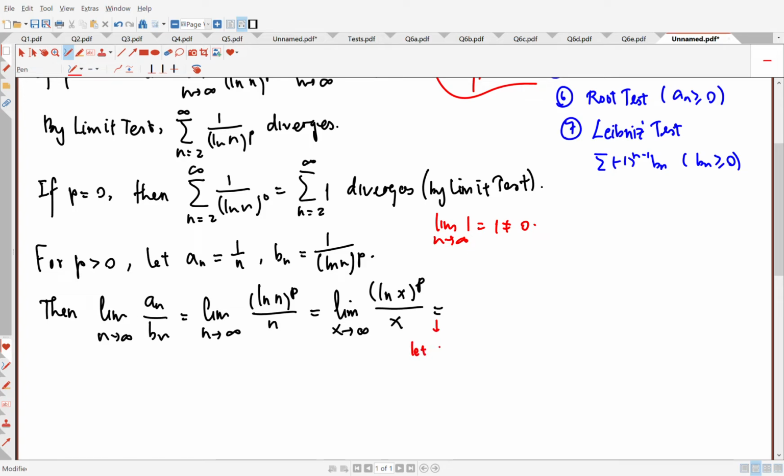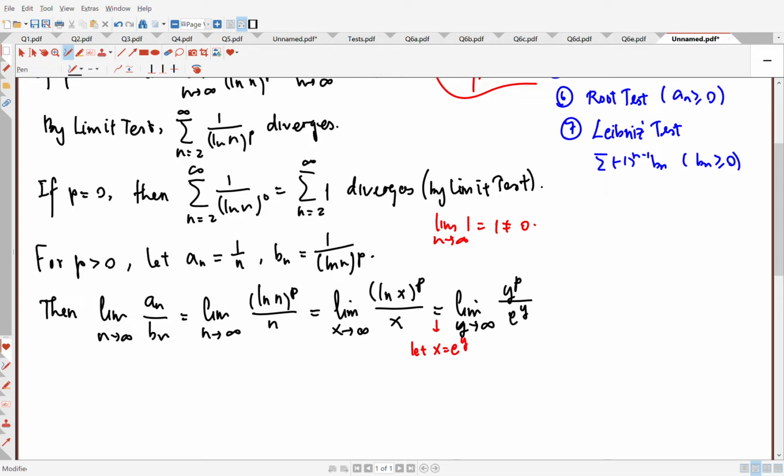So I let x to be e to the power of y. Okay. To make it easier to do L'Hospital's rule. So as x tends to infinity, y will tend to infinity, and I will have y power p divided by e to the power of y.